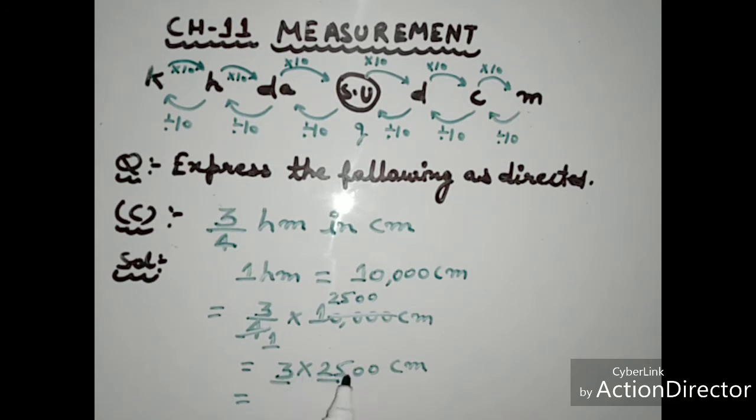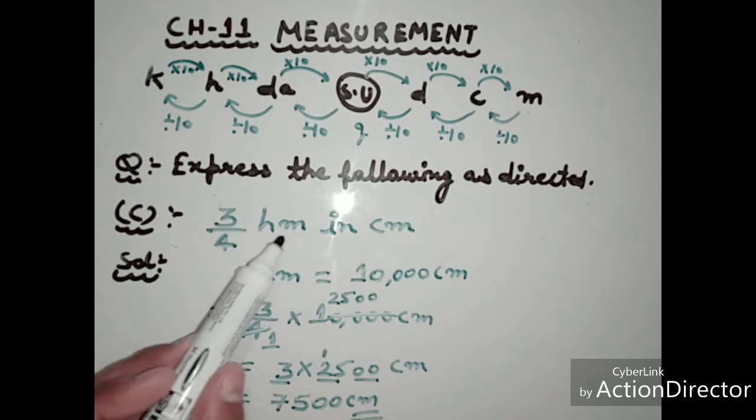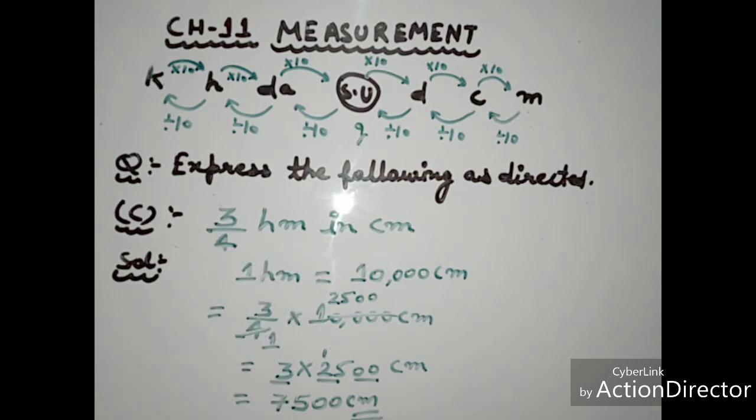First we multiply both numbers 25 and 3. After that we put 2 zeros. 3 fives are 15, 5, 1 carry, 3 twos are 6 plus 1 is 7, 0 0 centimeter. So 7500 centimeter. 3 upon 4 hectometer in centimeter equals 7500 centimeters.